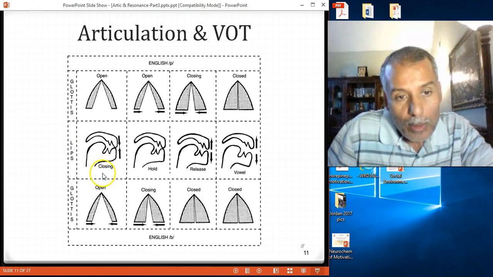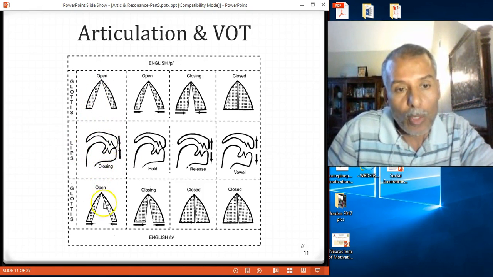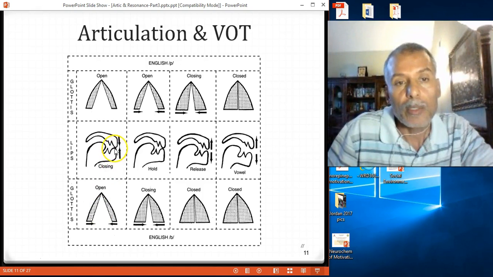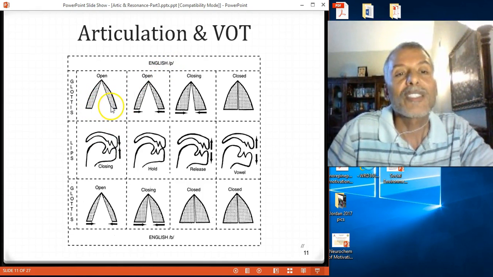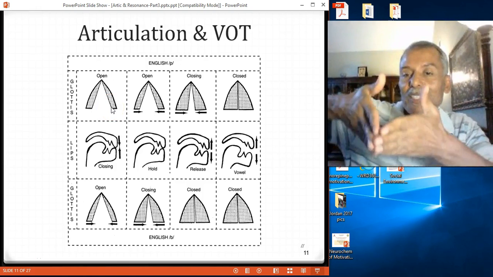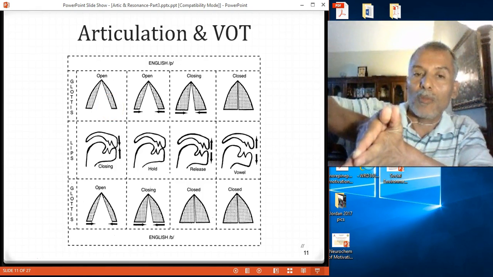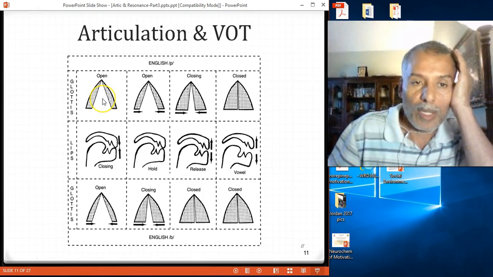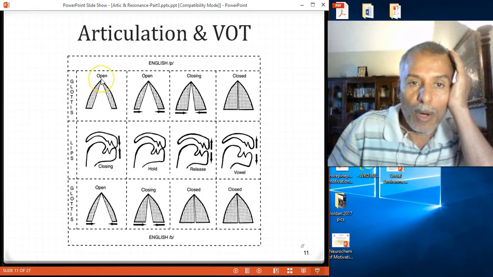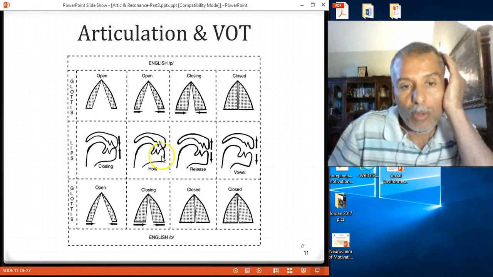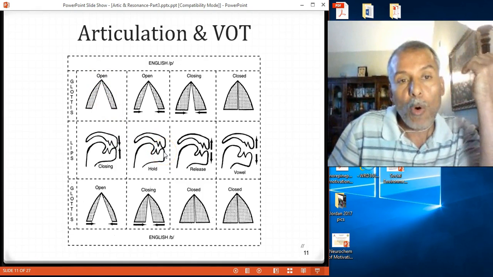So first, to make either one of them, you bring the lips together, bilabial. As you close with the p, the vocal folds haven't even started, the arytenoids haven't even started to swing and bring the vocal folds to the midline. When you say pa, now you hold and pressure builds up to a maximum. And then as you hold, the arytenoids start to swing to the midline.